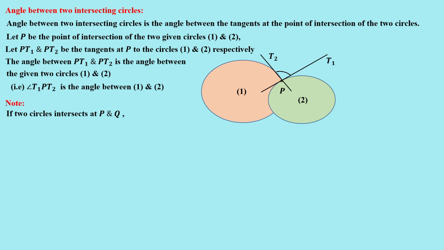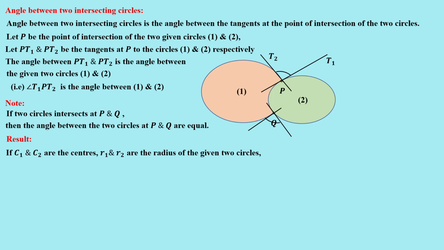Note, if two circles intersect at P and Q, then the angles between the two circles at P and Q are equal. Suppose if you are taking the other point of intersection Q, then this is also equal. So next result, if C1 and C2 are centers and R1, R2 are the radii of the given two circles, then the distance between two centers, small d, is equal to C1C2, and theta is the angle between the circles, then cos theta is equal to (d square minus r1 square minus r2 square) by 2 r1 r2, right?